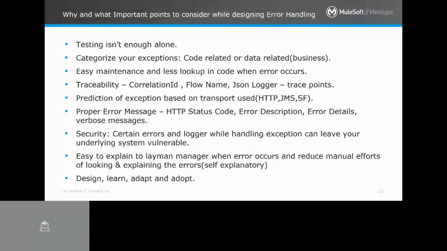Categorize your exceptions. While designing, as I said, we can have code related or data related, business and non-business. If your client is sending the wrong data and it is not handled well, that's not really your fault, but a poor error response can give a false impression that there's something wrong with our code, like we missed something while developing, such as making a field null safe.